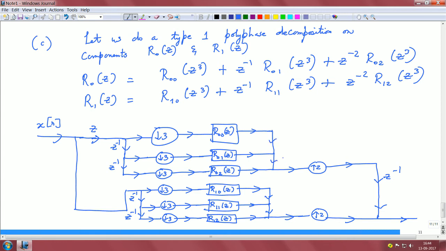because we started off with a type 2 decomposition from the interpolation side, and then we did a type 1 decomposition exploiting the decimation side, and then we are very efficient. We are not throwing away samples as a part of the decimation process, right?